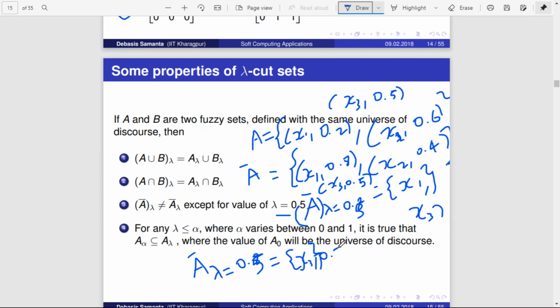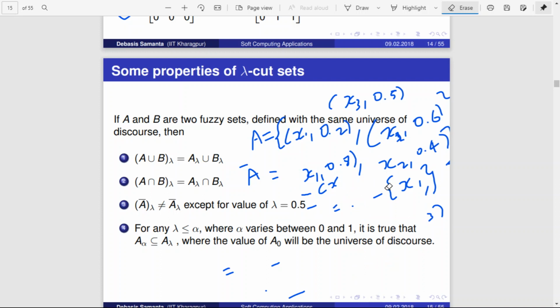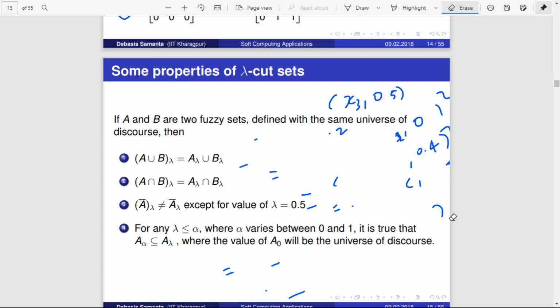Now if you perform the complement of this, it is also 0.5, so again it will be the same value 0.5. So the point is basically that A complement lambda is not equal to A lambda complement, but it will be equal only when lambda is 0.5. For that value of 0.5 alone it will be equal.